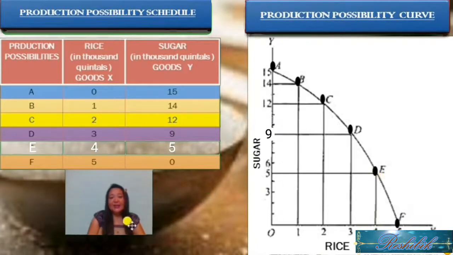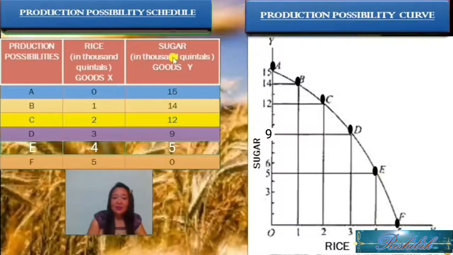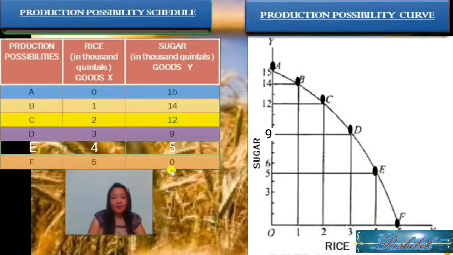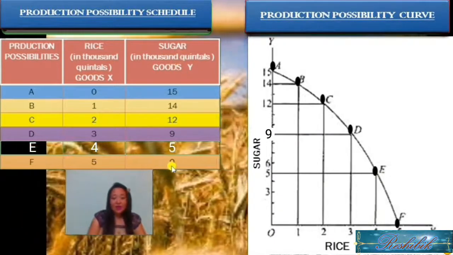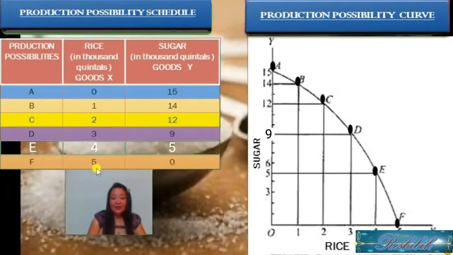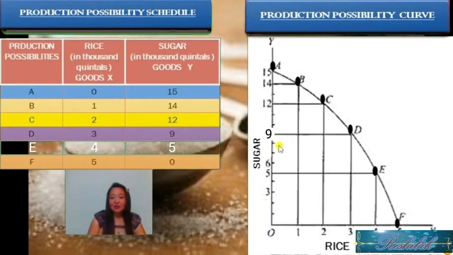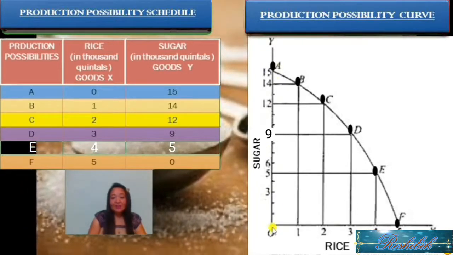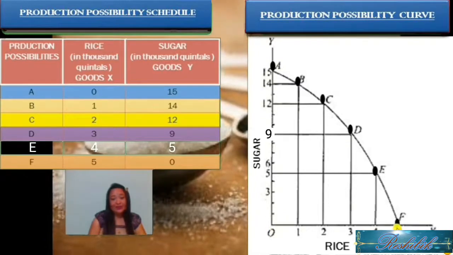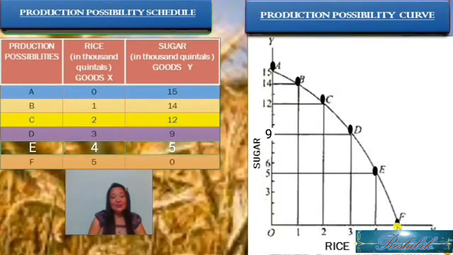Now if you say that no, we are not going to invest any money or any resources in the production of sugar, so we will not produce any sugar, the entire fund will be diverted to the production of rice, then what will happen? The production of sugar will be 0, but the production of rice will increase to 5 units. So according to possibility F, your point is here.